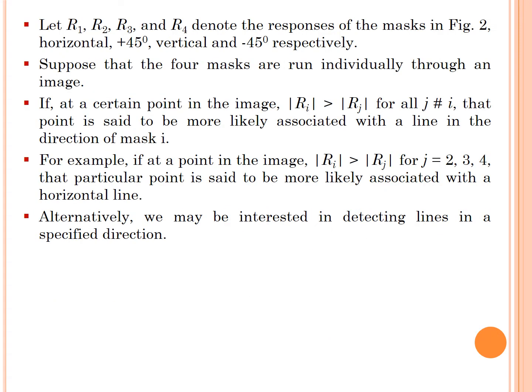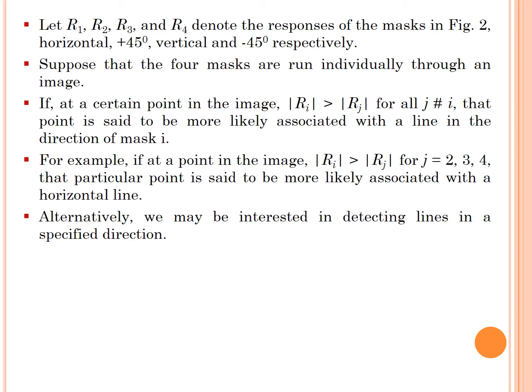Let R1, R2, R3 and R4 denote the responses of the masks in figure 2, that is horizontal, plus 45 degree, vertical and minus 45 degree respectively. Suppose that the four masks are run individually through an image.